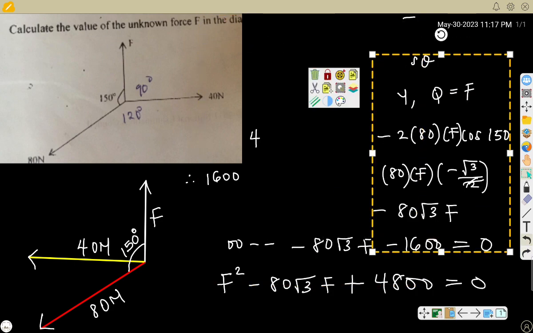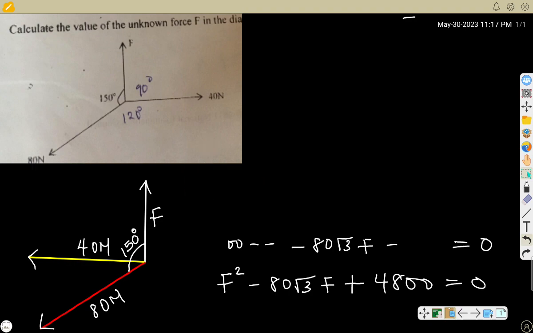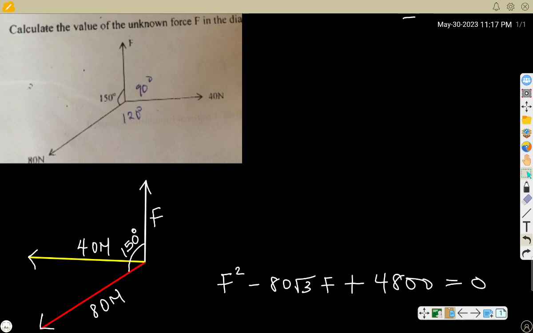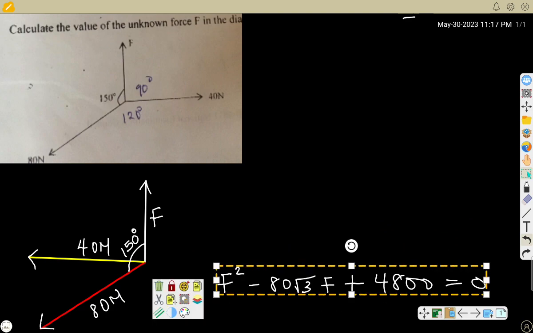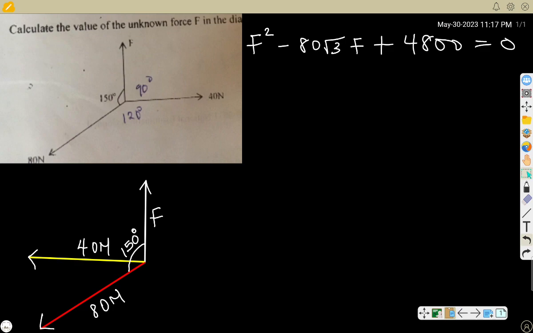So use the formula method. Solve the quadratic equation. So that is the quadratic form.